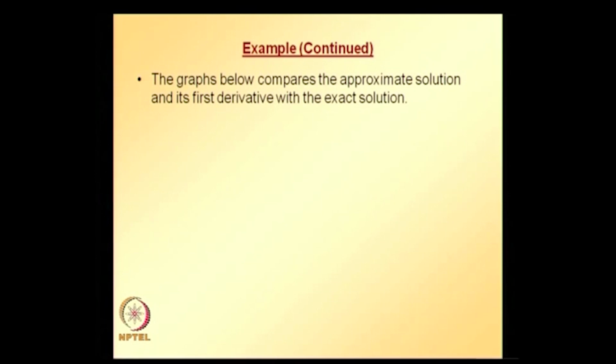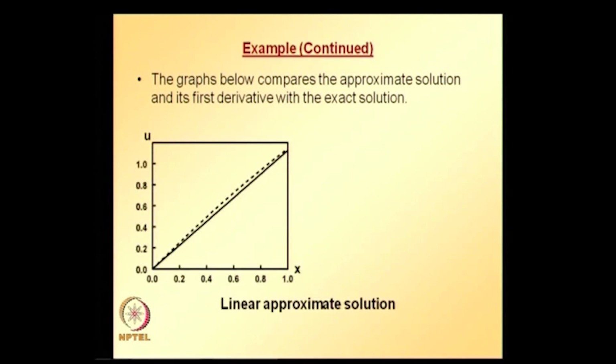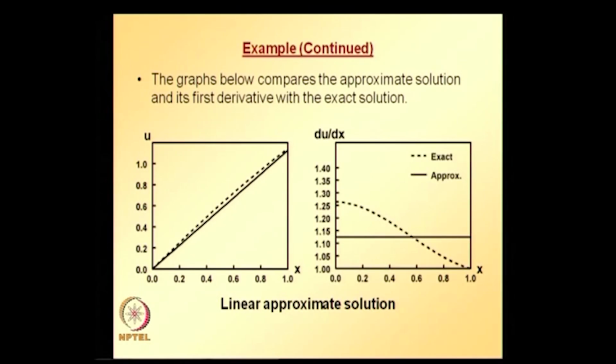So that exact solution and approximate solution you can overlay on each other, this is how they match, and also you can take the derivative of the approximate solution and derivative of the exact solution, and plot them. Since we started out with a linear trial solution, you can see there is a large error in the derivative of the approximation, whereas the approximation itself is fairly accurate.